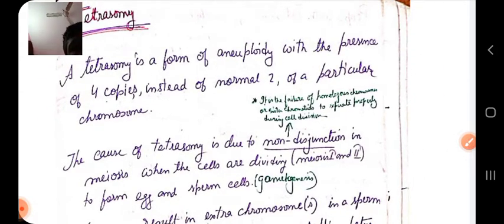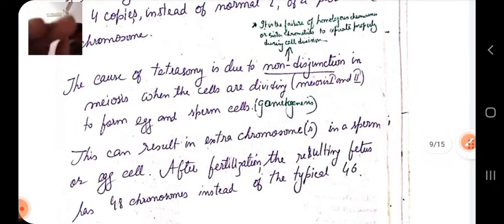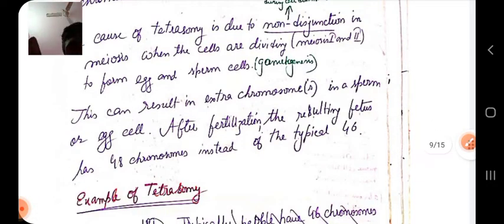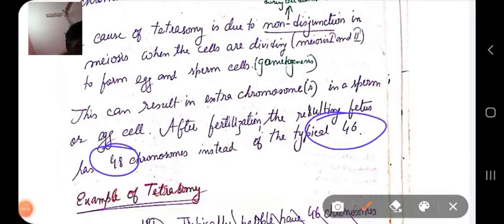As a result, the extra chromosome is found in the sperm or the egg, and after fertilization, the resulting fetus will have extra chromosomes instead of the typical normal number. It will have 48 chromosomes instead of 46.